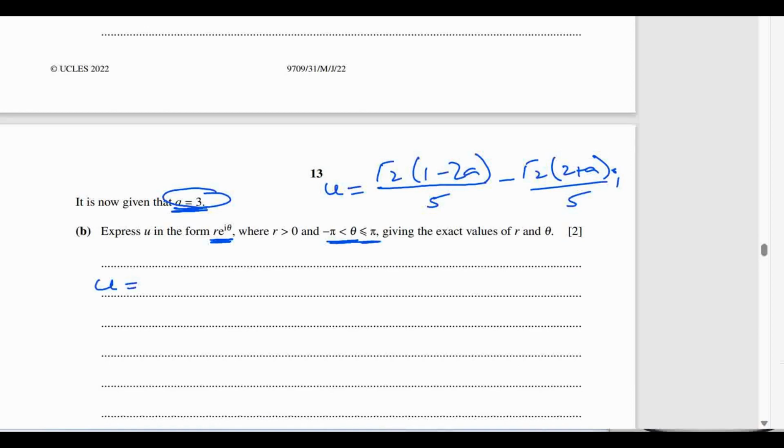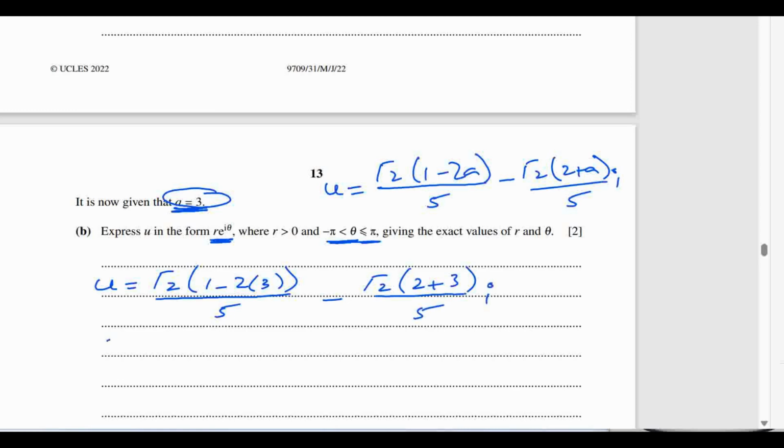So u will be equal to square root of 2 into (1 minus 2a), 2a means 2 into a is 3, whole divided by 5, minus square root of 2 into (2 plus 3), whole divided by 5.